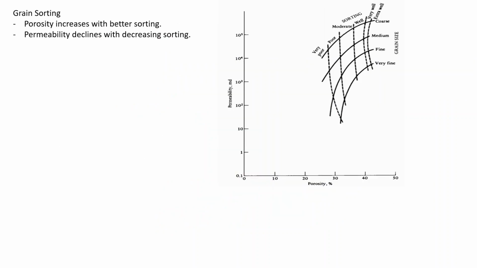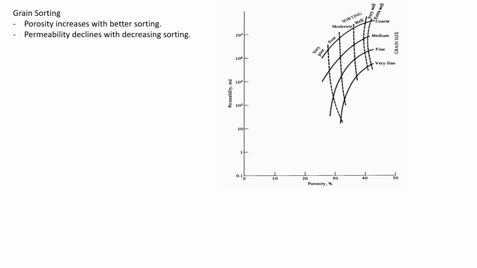Next is the grain sorting. We all are aware that once the sediments are immature, they are poorly sorted. So when I say poorly sorted, they have a mixture of sediments of different sizes. So you may have gravel with finer clay or finer silt, which get placed as the matrix material in which those larger or coarser grains are floating.